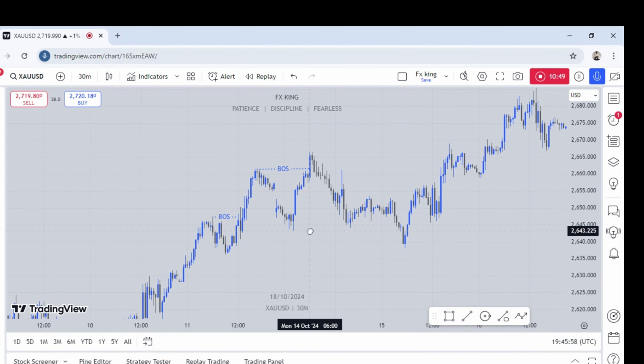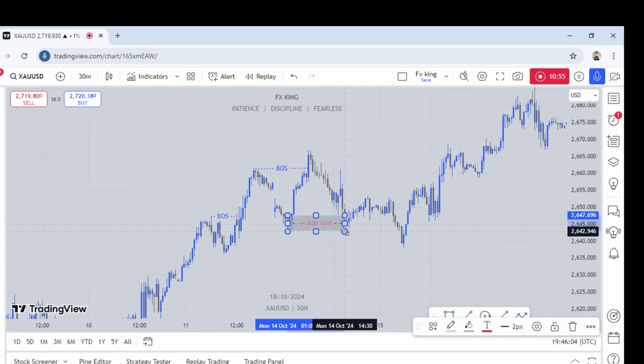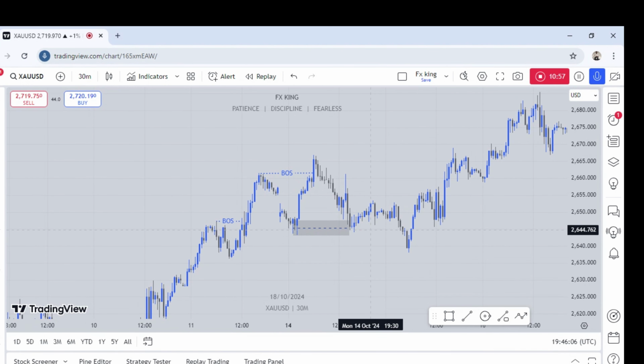If you map this as your break of structure and you are looking to buy from here, what normally tends to happen is that the market came and reacted to this zone. And this is where many people were buying.